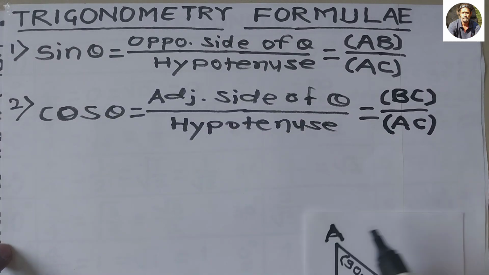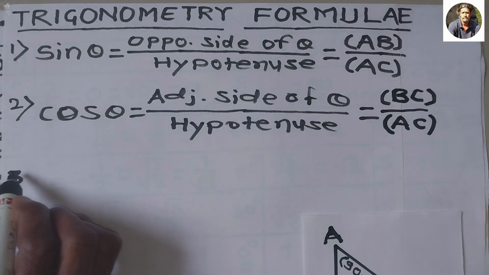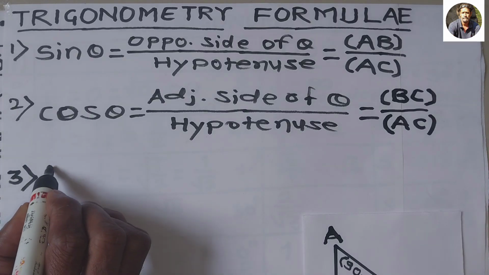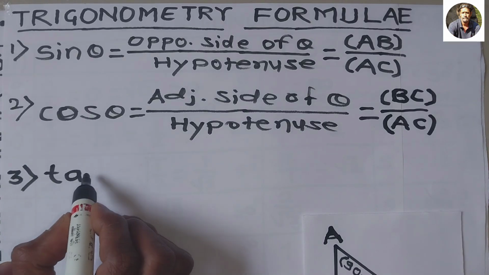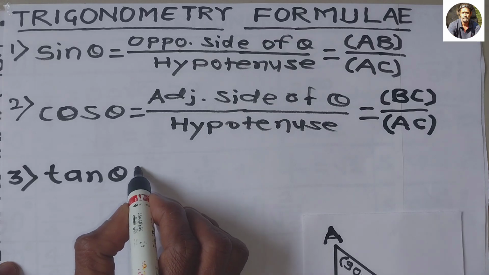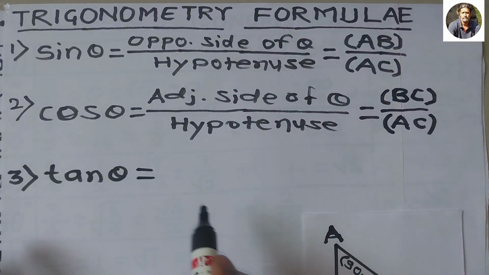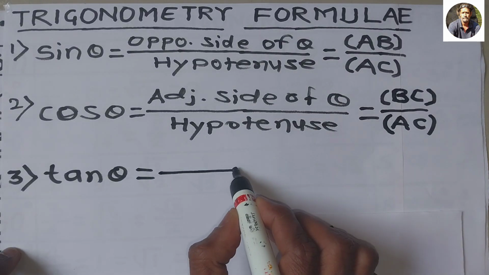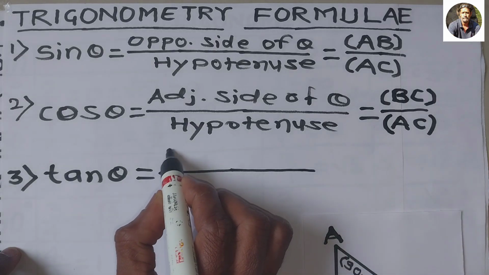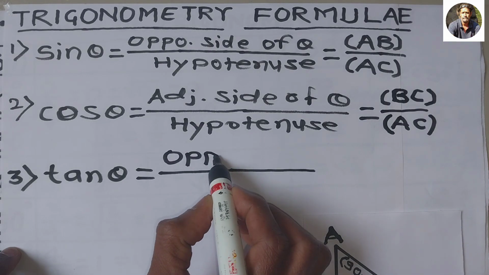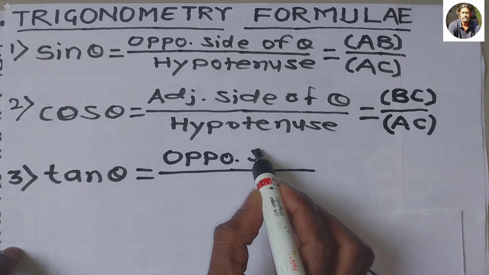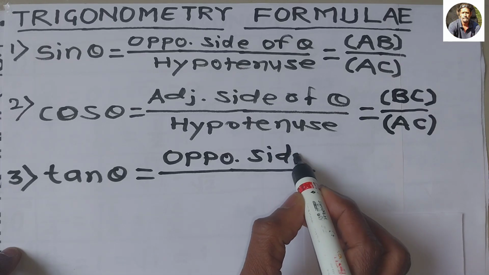Then we write here third ratio, that is tan theta. Tan theta is equal to opposite side of theta upon adjacent side of theta.